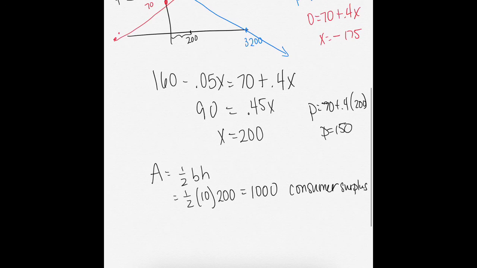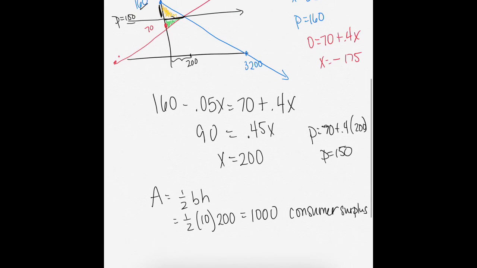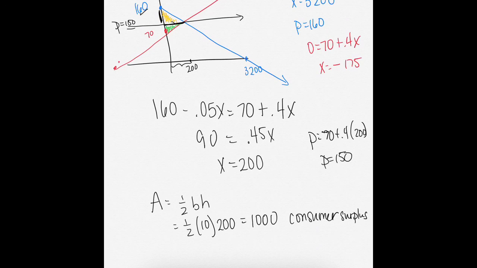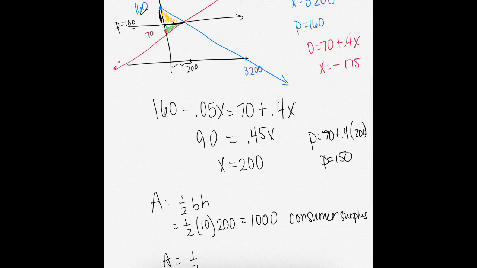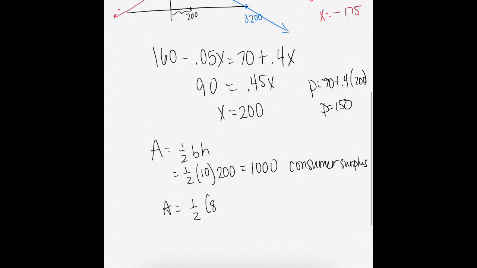All right, then we also have to find the producer surplus. Remember, the producer surplus is just this triangle down here. Again, it's just the area. So area will be 1/2 base times height again. Area equals 1/2. So we need our base. Our base is going to be from this point to this point right here. So this one was 150 and the bottom one was 70.